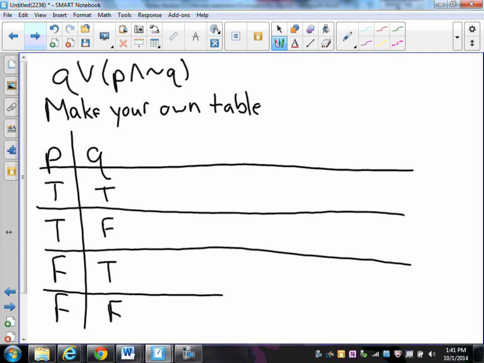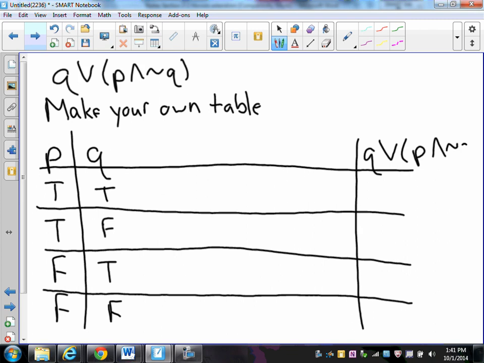And the goal in the end of this is to get to Q or P and not Q. So right away I should be seeing I have this value Q. So I'm good. So I need to work on other stuff. I don't have this value here, P and not Q. So that means I'm going to need that as my next step.